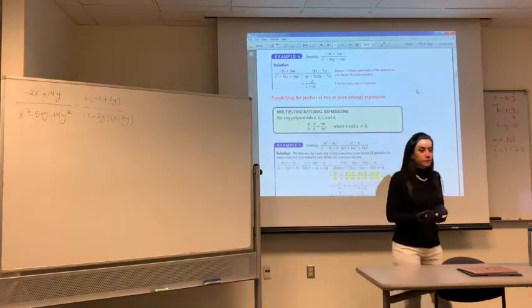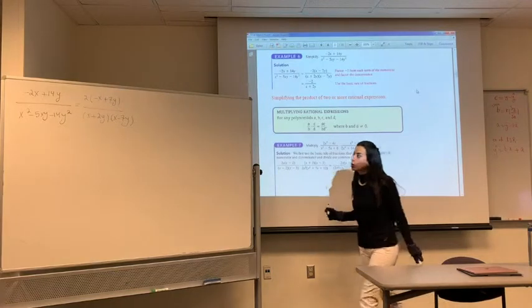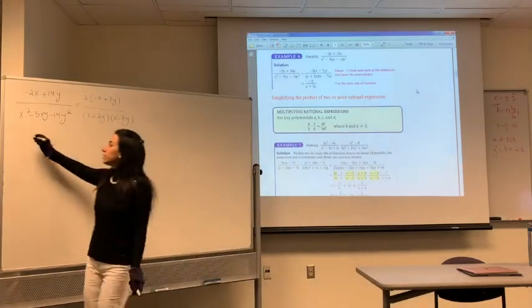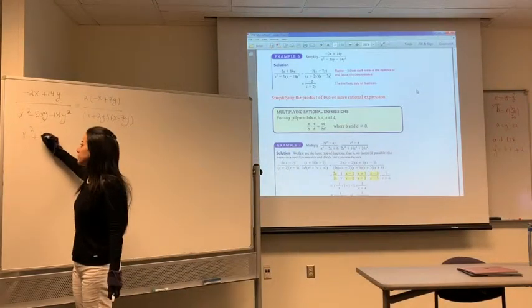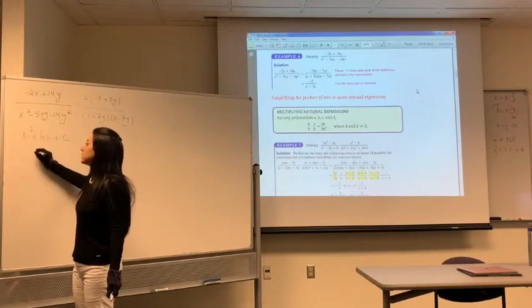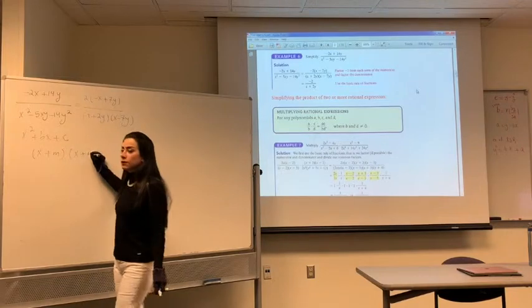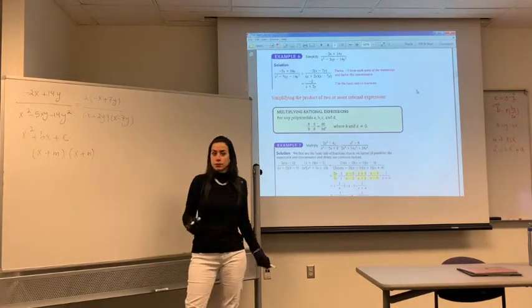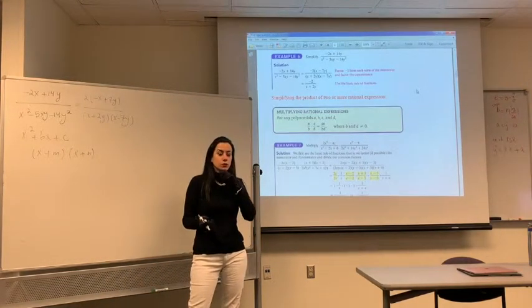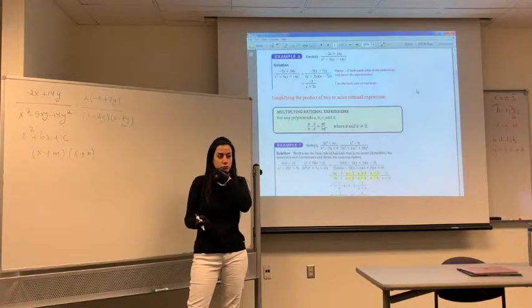Did they do the ax plus bx thing? No, this one will be x squared plus bx plus c, and you should find m and n. Correct? Because there is no coefficient for x.